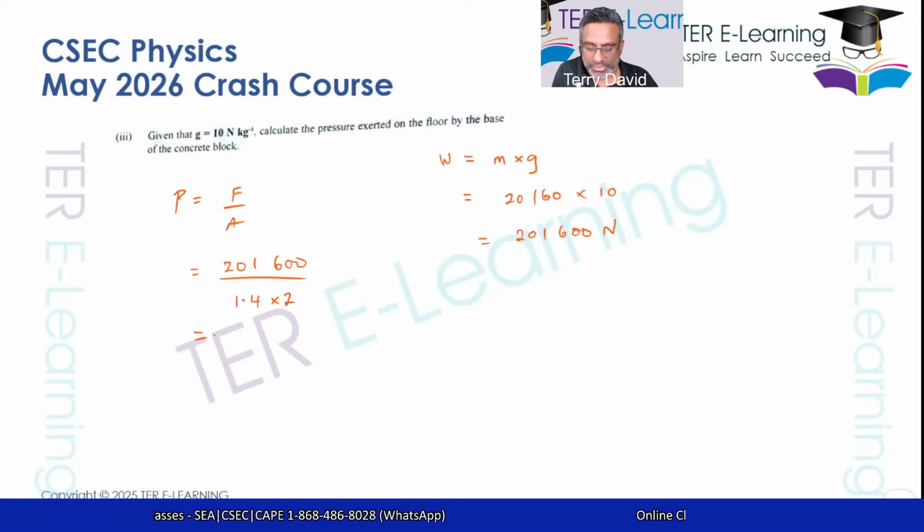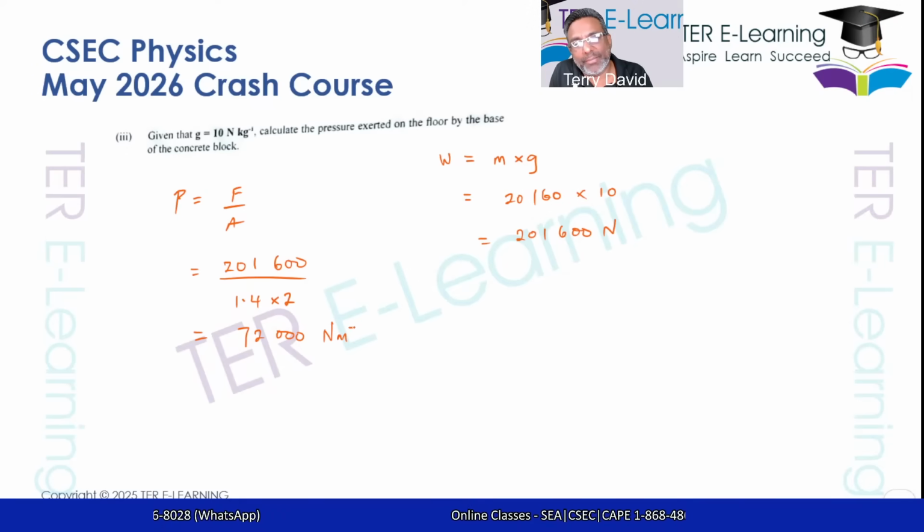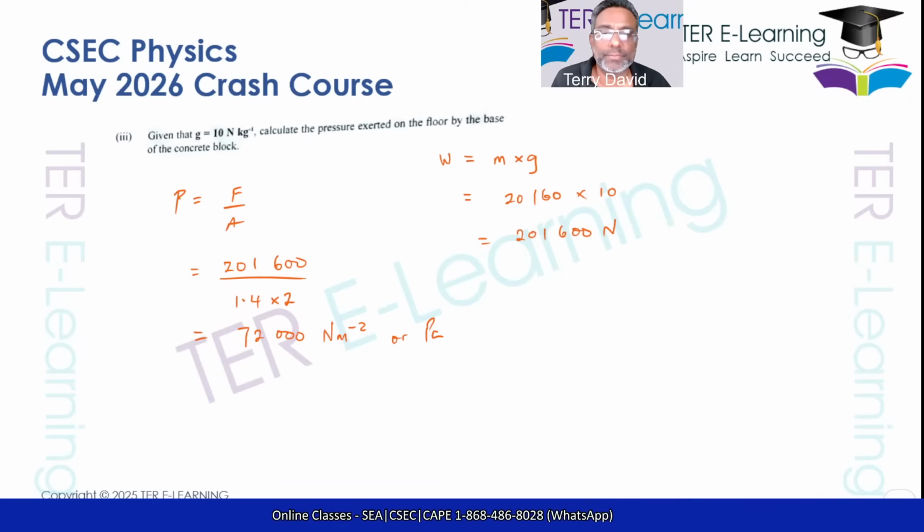When I work this out, you're going to get 72,000 pascals. You can put pascal here, or you can put N m to the minus 2. Okay, so that's number 2.